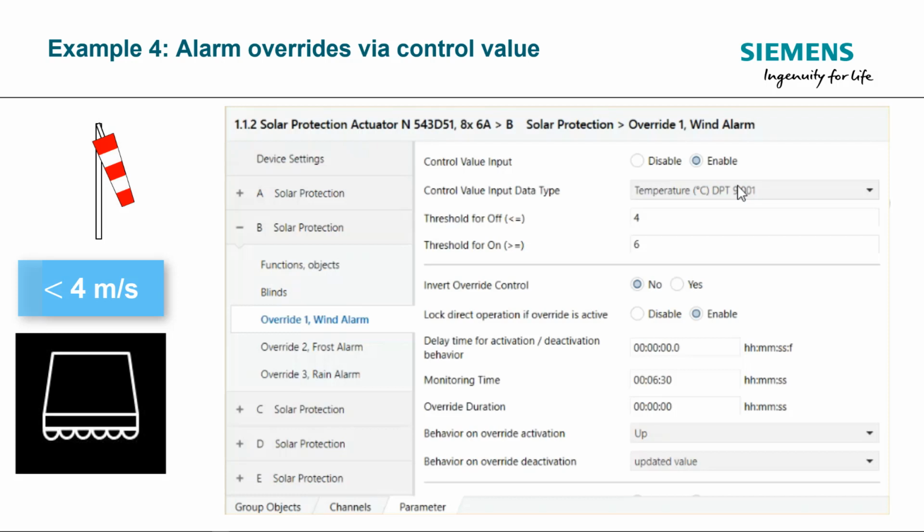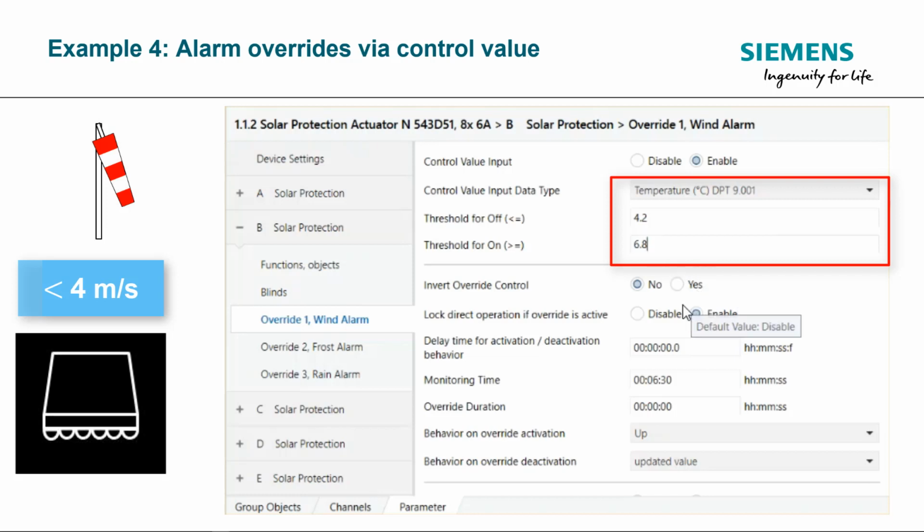However, this is not a problem, because the data point types represented here are only placeholders of a class of equivalent types. Instead of meters per second, temperature 2-byte floating point can be used. We enter the value 6 to trigger and the value 4 to reset the alarm. Fractional values are also possible, by entering a decimal point if required.